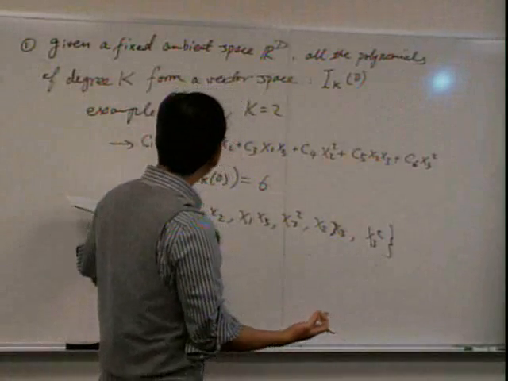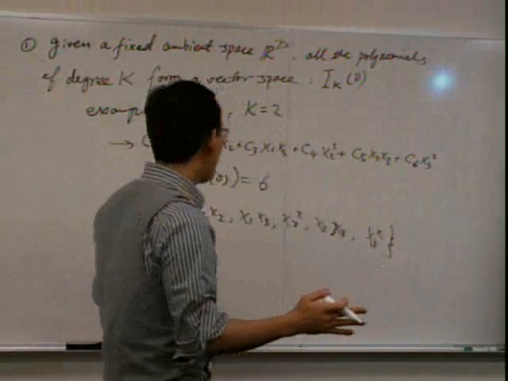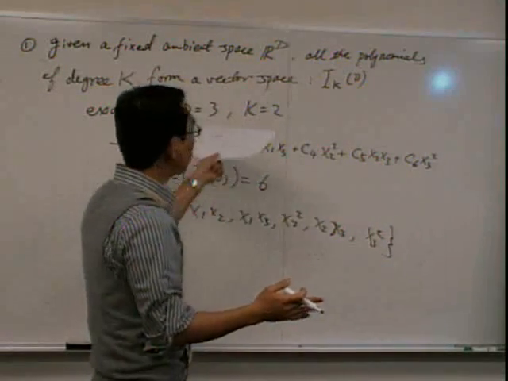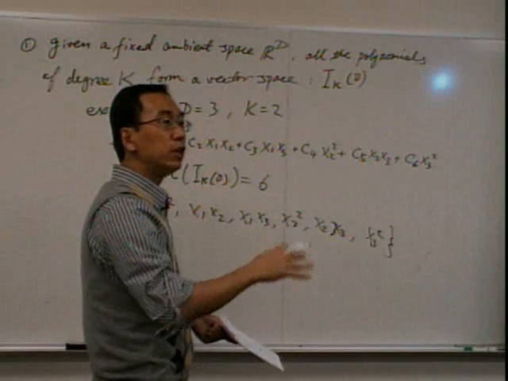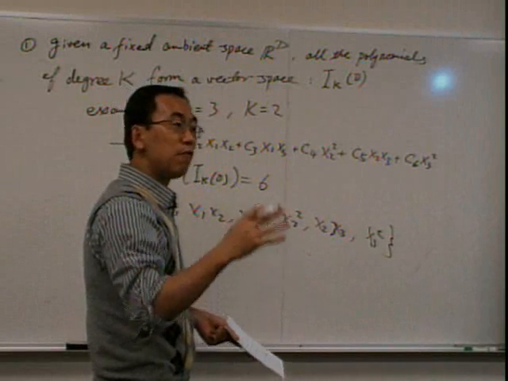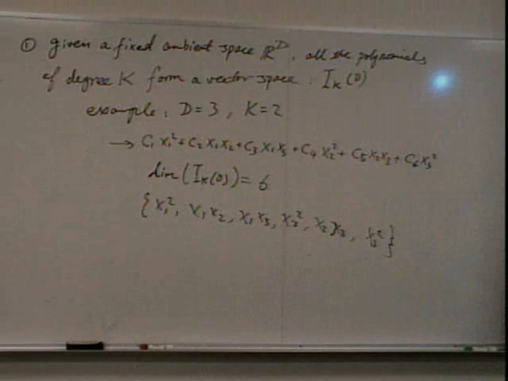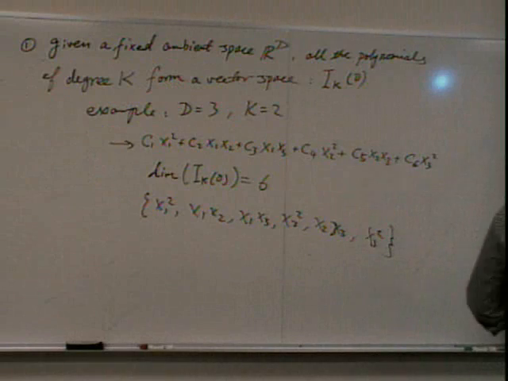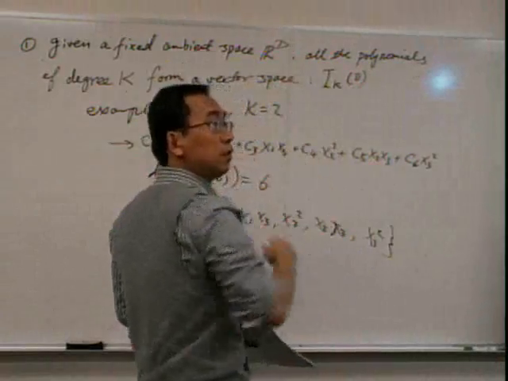It is not true that all the homogeneous polynomials in this vector space give you the union of the subspaces. The vanishing polynomials, that's the second point. In fact, the degree k vanishing polynomials form a subspace of this vector space.